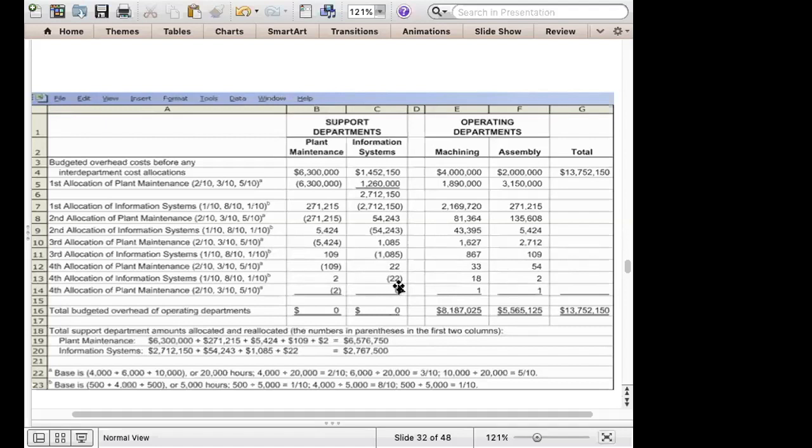Now, of course, it cannot be 0, because when you use the base, which is 8, 10, it's not going to be 0. Writing 0 here is to make it simple, because the dollar value is too small. If you keep it $1, it doesn't make much difference. All right, the amount is very small.